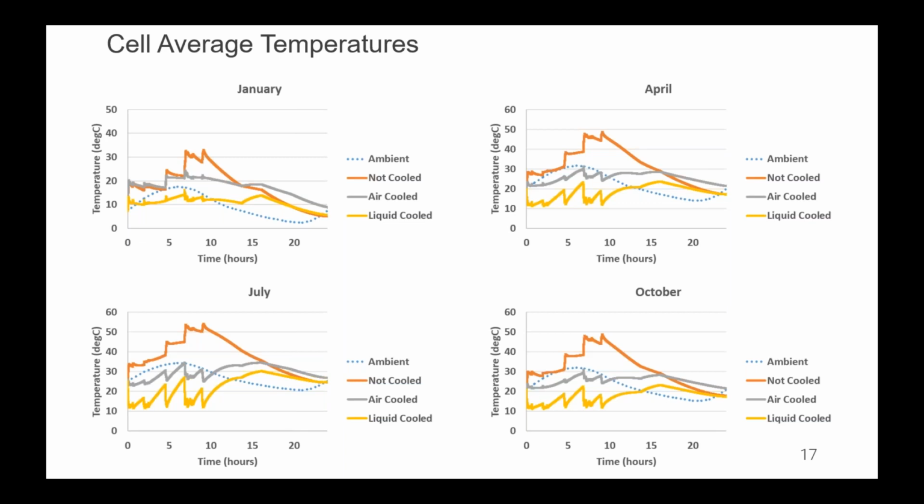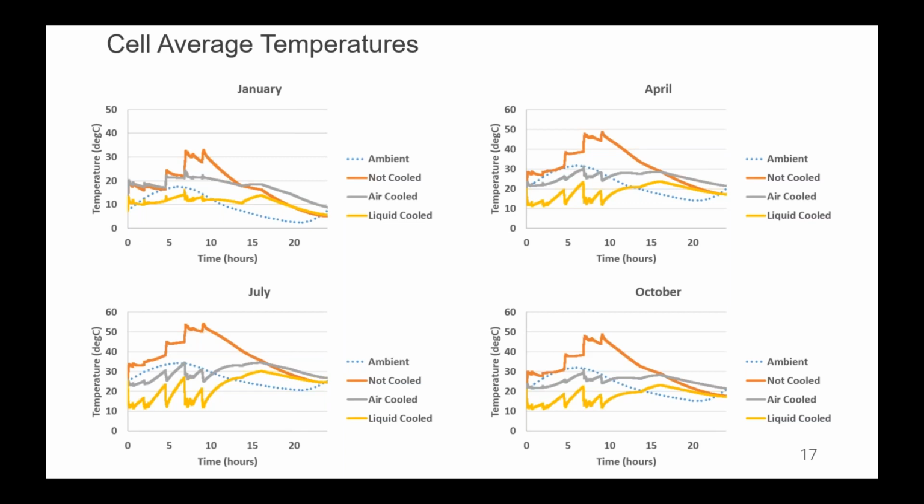So there are some interesting effects here for the case that's not cooled or passively cooled with no forced convection. The cells are heating up significantly while the vehicle's running, and slowly cooling off while the vehicle's not running.